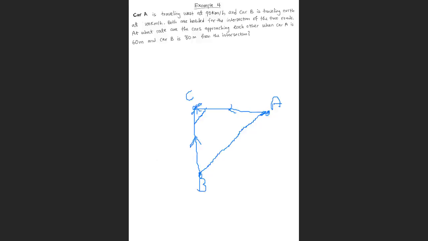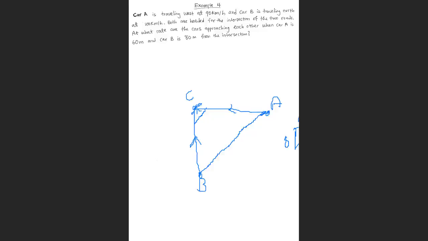So the question is the rate at which the cars approach each other when car A is 60 meters and car B is 80 meters from the intersection. I'll just draw another little diagram here. So car A is 60, so this is now 60 and this is 80.